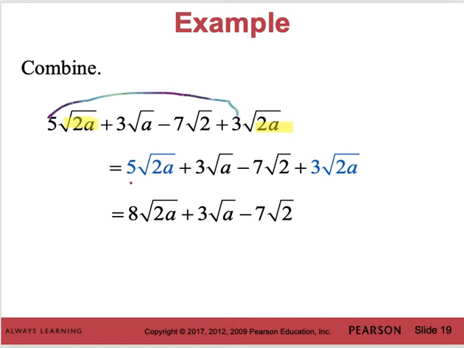And that would give us 8 on the outside, right here, and 2a on the inside of our radicand, and plus 3a minus 7 times the square root of 2. These cannot be combined because the number under our radical sign here is not the same. We have an a and a 2.